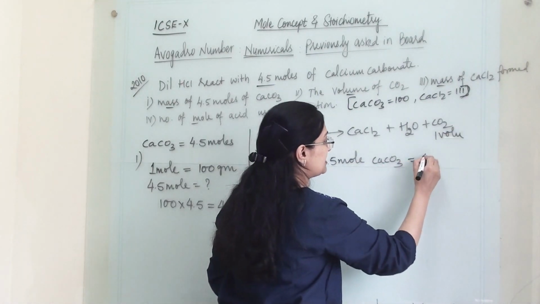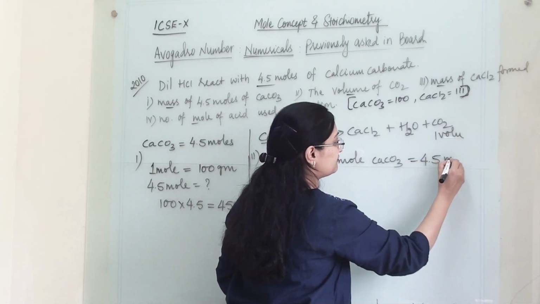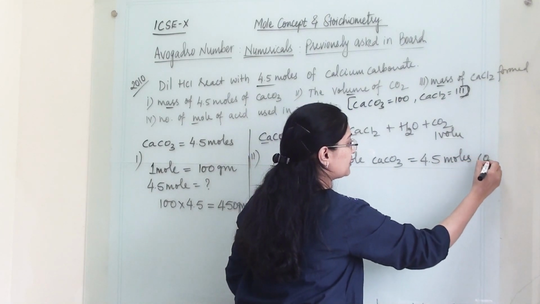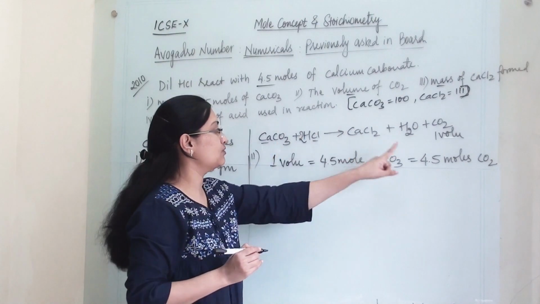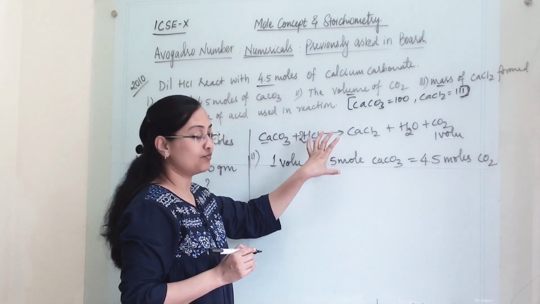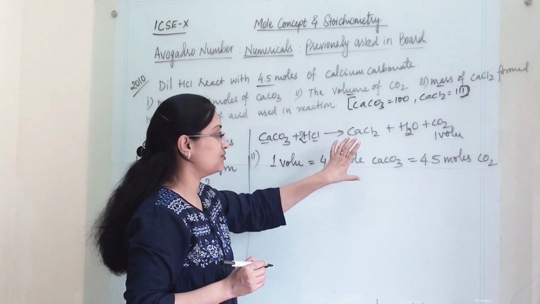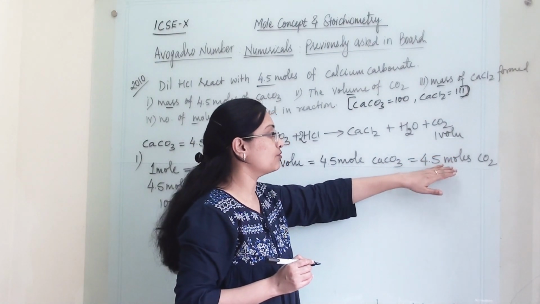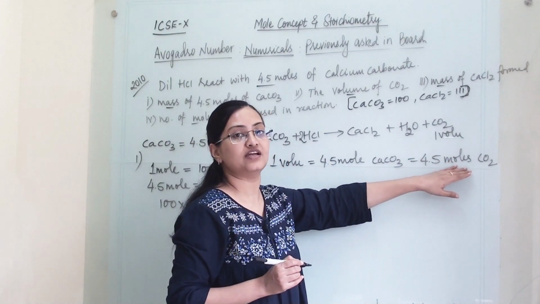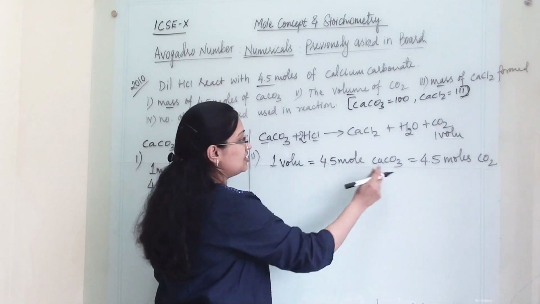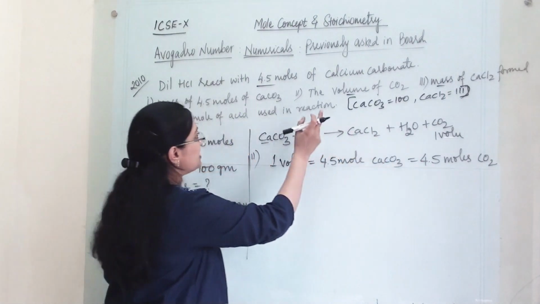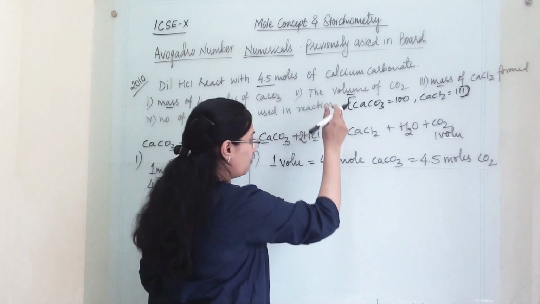So it will be equal to 4.5 moles of carbon dioxide because both volume is 1. So if we are taking 4.5 moles of calcium carbonate, then equally 4.5 moles of carbon dioxide will be generated at the product side. So here, when we have moles, it will be easy for us to find out the volume.